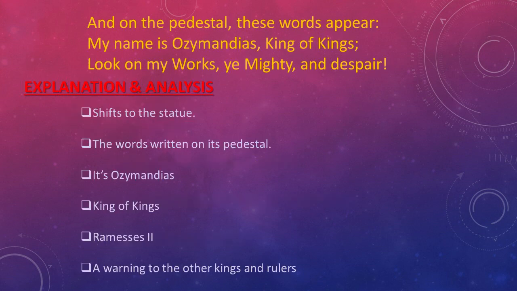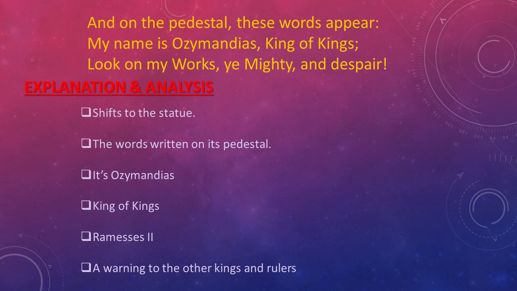So now again the poem shifts to the statue. The traveler quotes the words written on its pedestal. The inscription declares the name of the man. It's Ozymandias. He also regarded himself as the King of Kings.